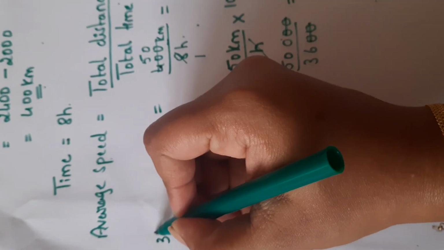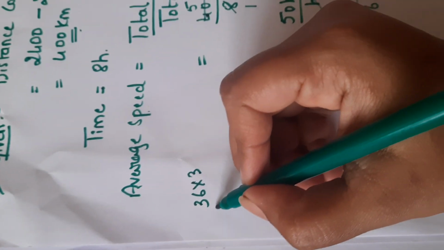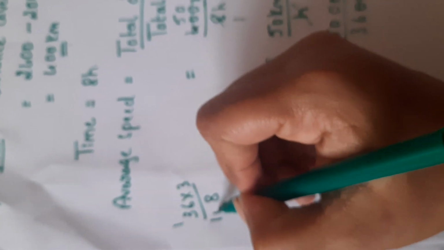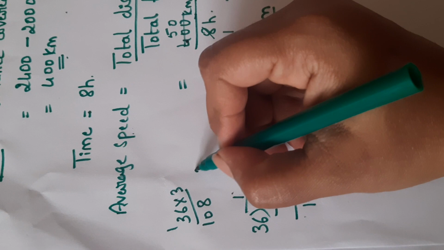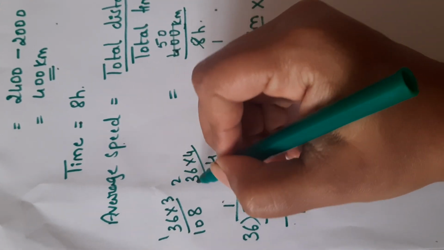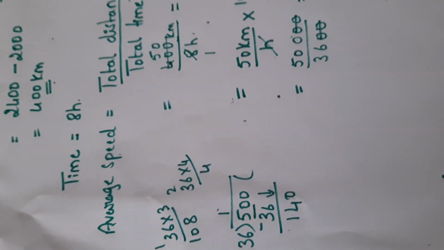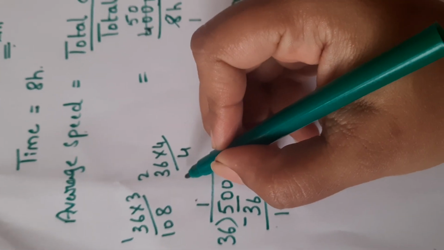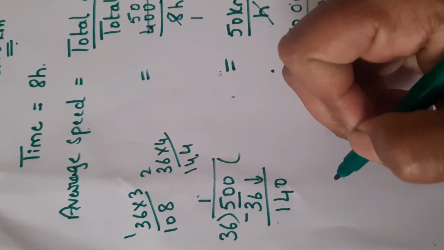So let us try with 36 into 3. 6 3s are 18. 3 3s are 9 plus 1, 108. 36 into 4 if you do, 6 4s are 24. 4 3s are 12 plus 2 is 14. 144, which is more than 140.